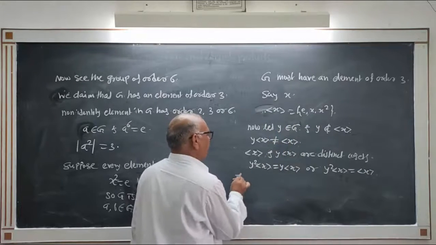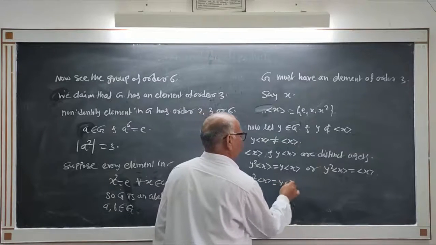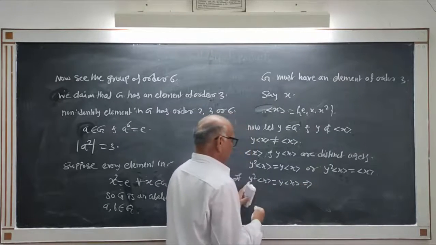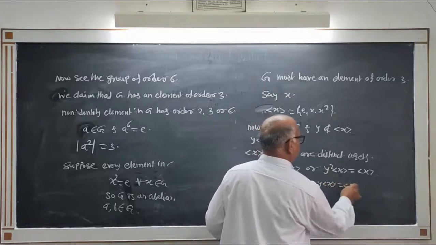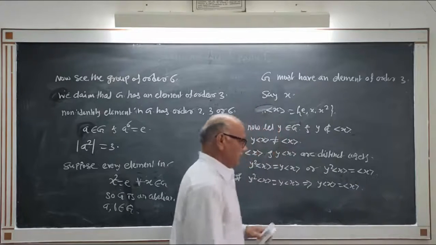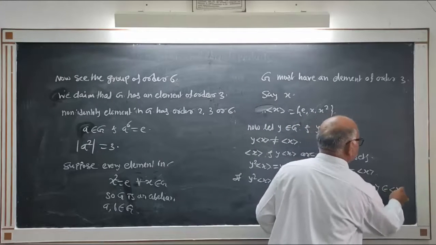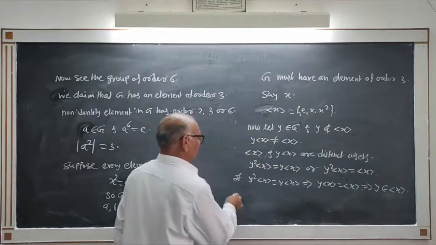If Y squared is in the subgroup itself, then Y gets cancelled and this gives Y belongs to the subgroup, which is impossible.